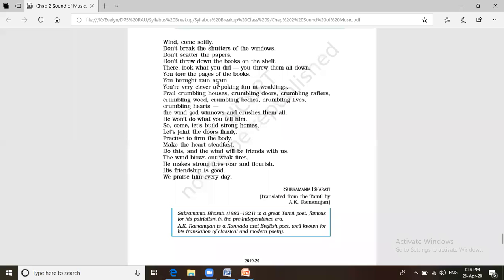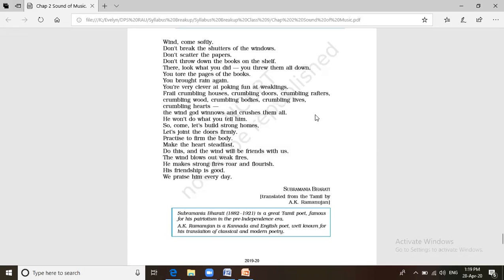It is bringing rain, and then there is a list of things which are crumbling because of the effect of the wind. Still, there is one more important point that I'm looking for in these lines, because if this is given to you to explain in an RTC, and if that point is missing, then you do not get full marks. That is the most important part of these lines.